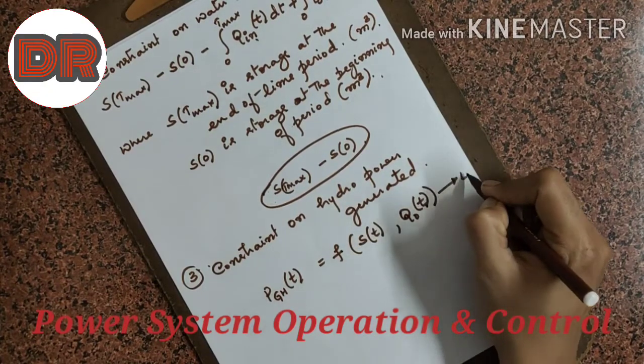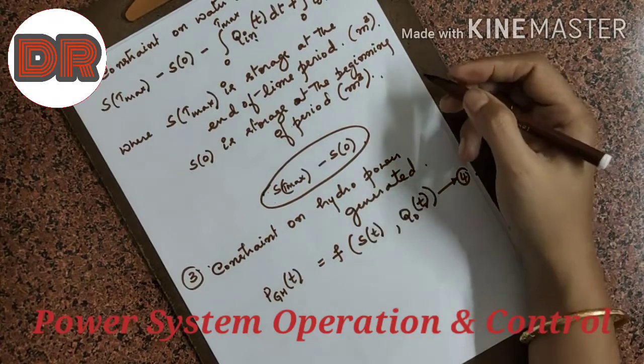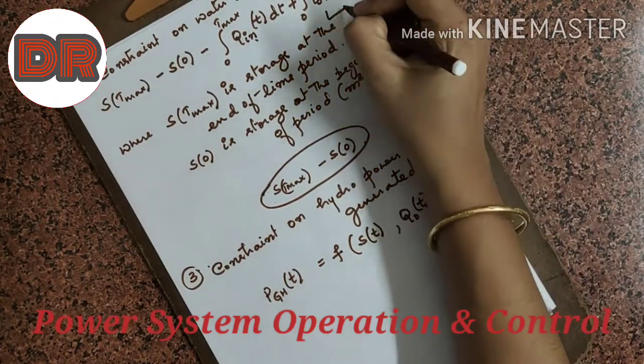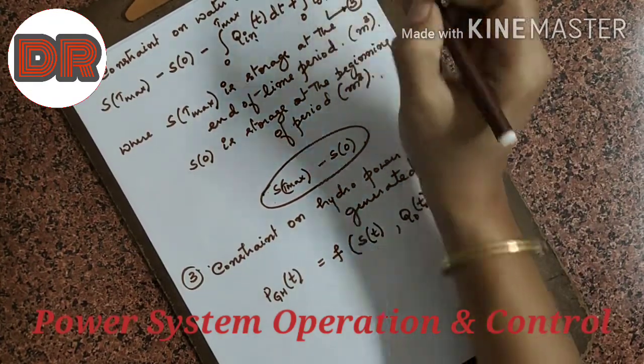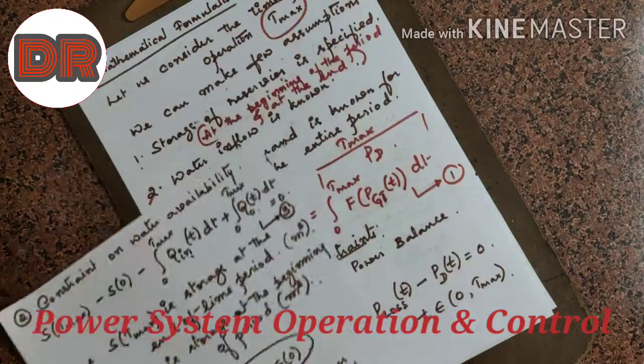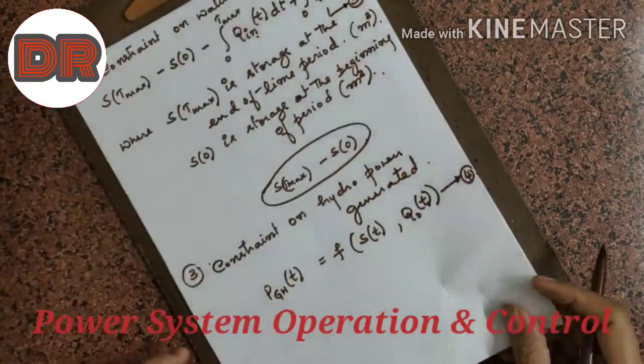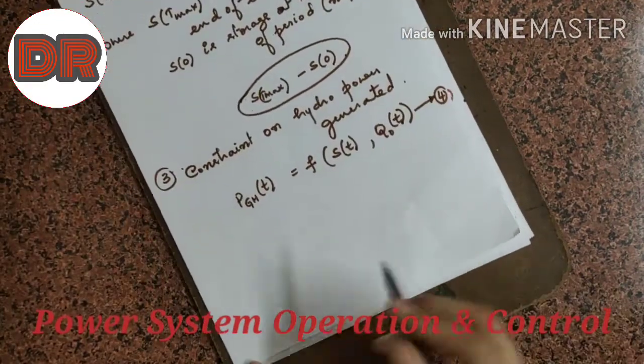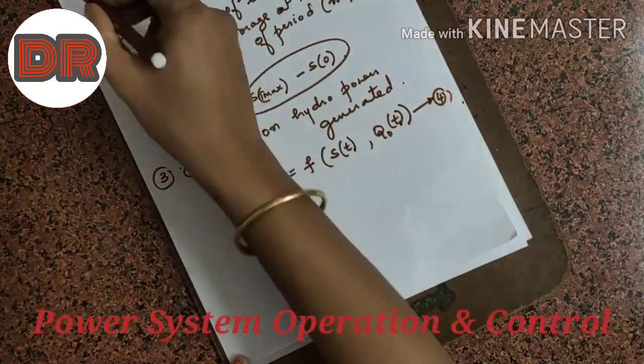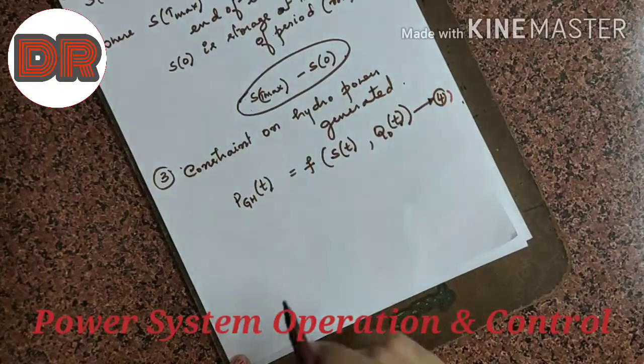So let me take this as equation 4 and this as equation 3. And power balance equation as 2 and the first one, objective function, as equation 1. So these are the constraints.